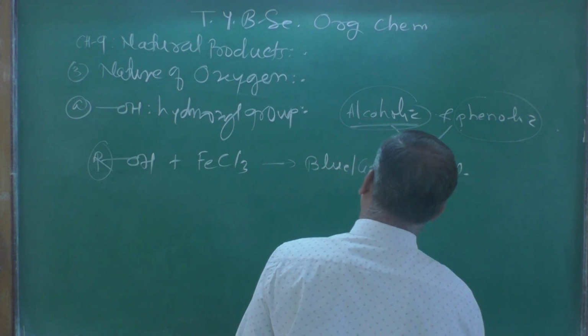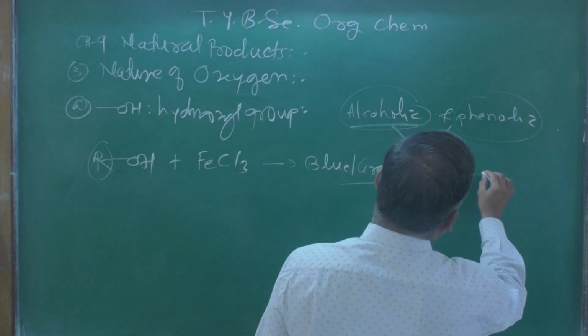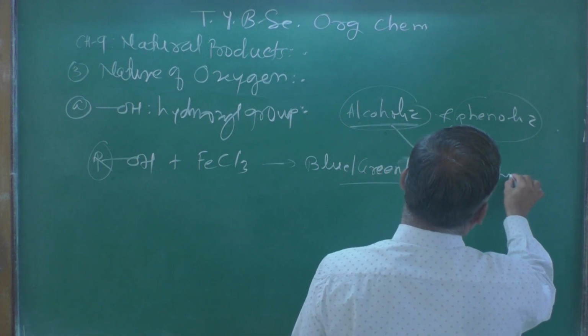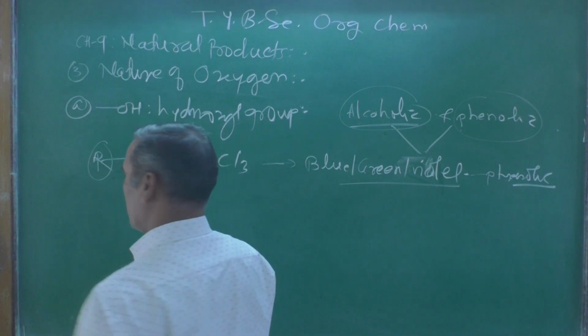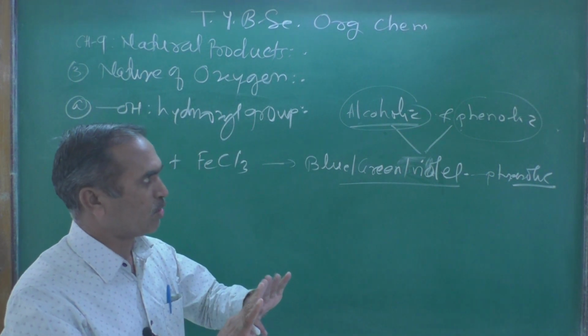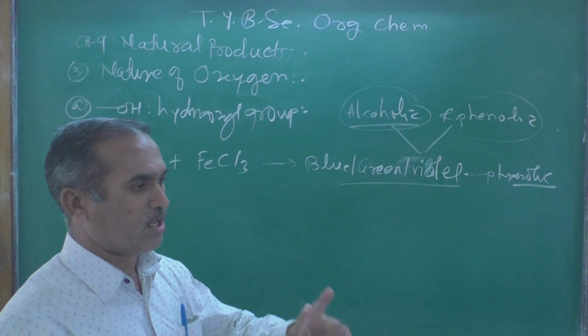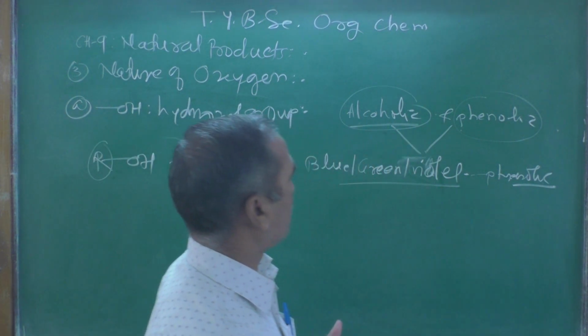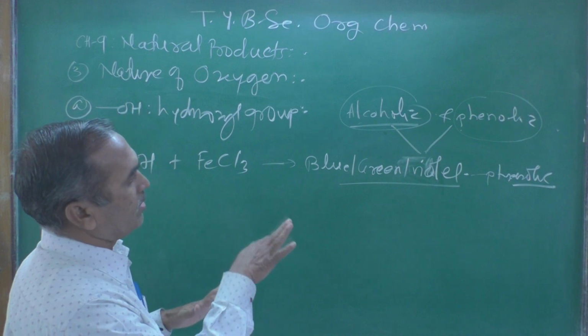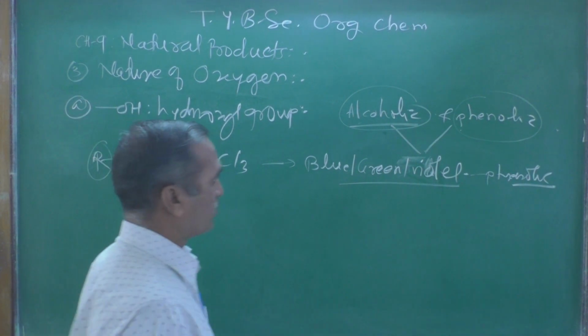A violet color clearly indicates this is a phenolic group. So that is one of the classical methods to distinguish an alcoholic group from a phenolic, aliphatic or aromatic, group.